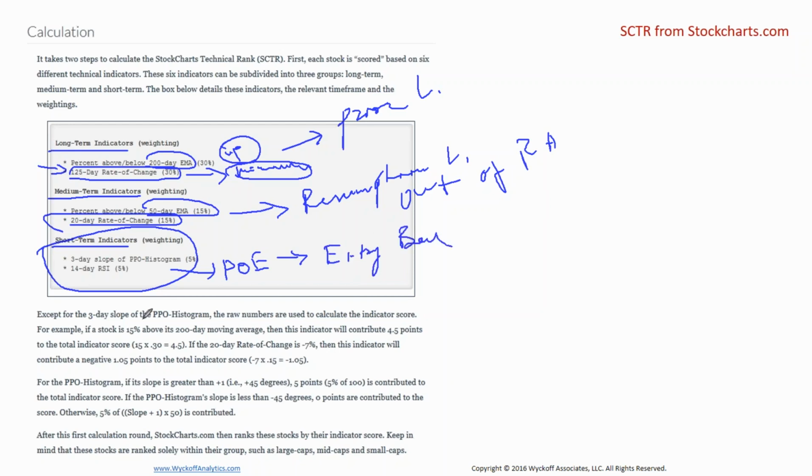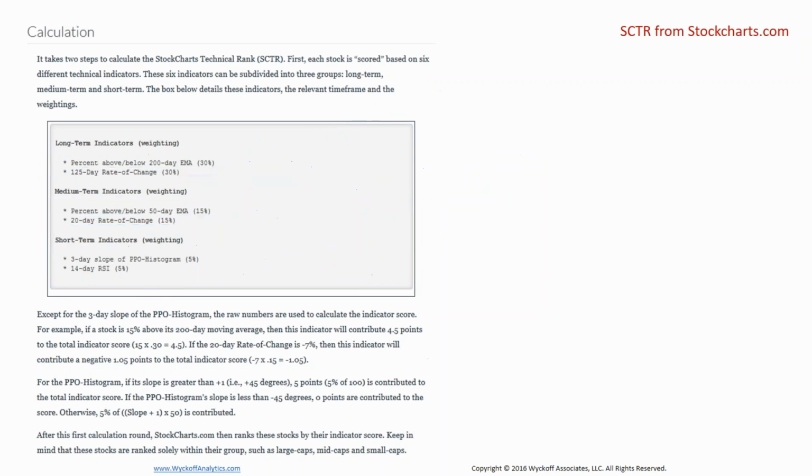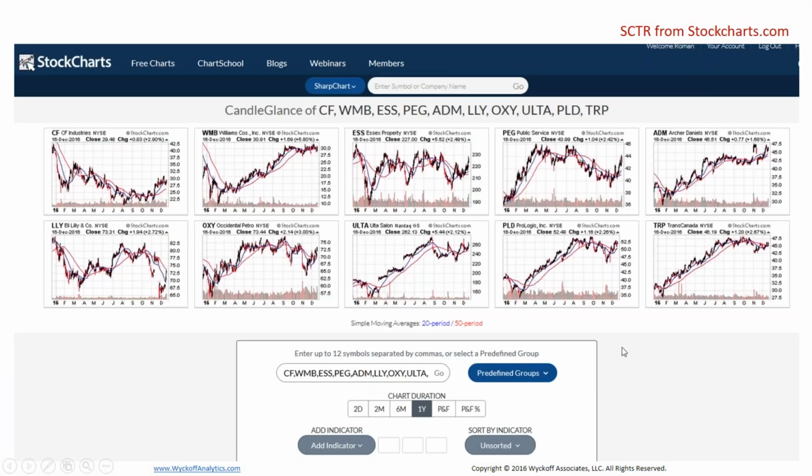So to say. And I encourage you to go to StockCharts and go to the ChartSchool pages and look at the definition of the Scooters. But let's look at the results. And I've just done this actually today, actually last night before the workshop, and I just wanted to give you this example for Scooters.